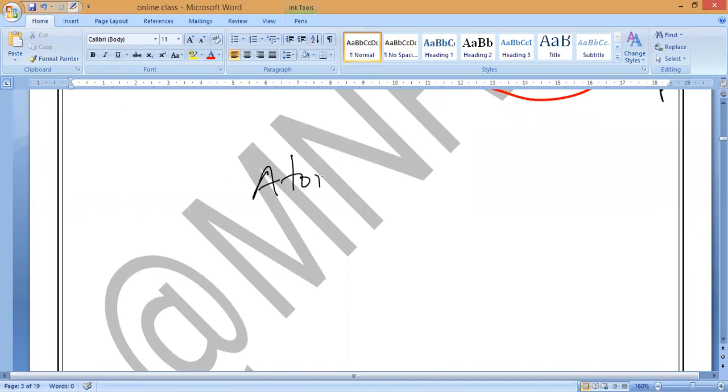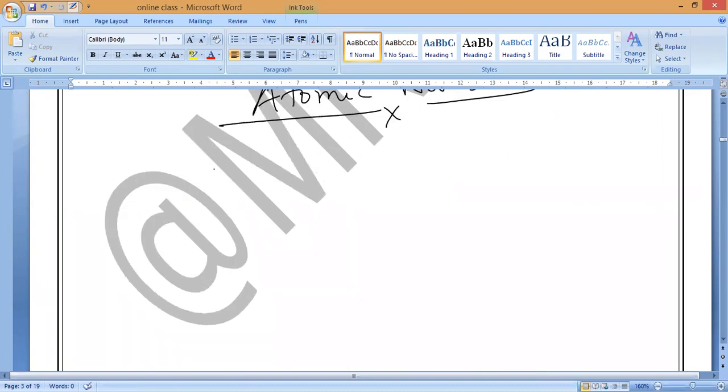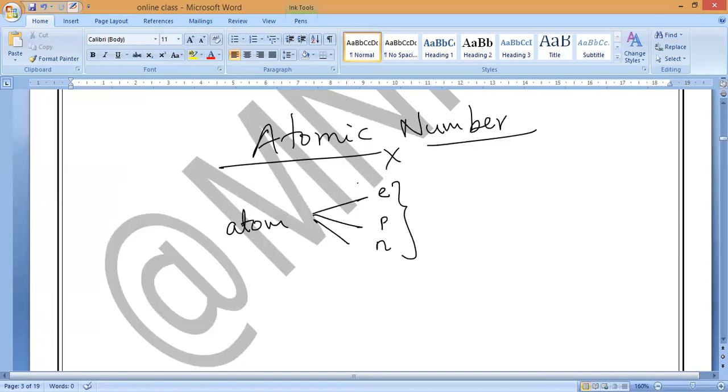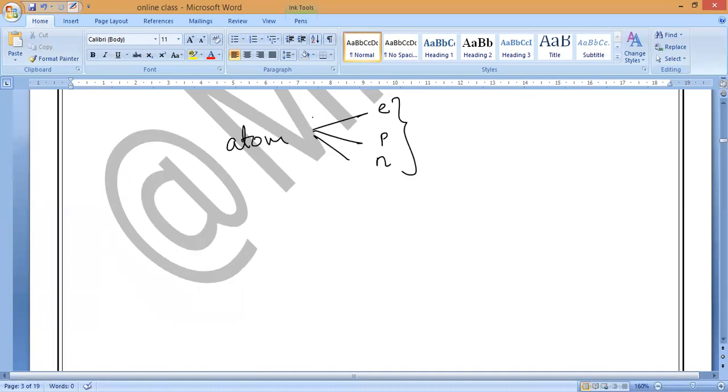So as we know, atomic number means, remember, don't get confused. We already studied this in the last chapter also. As we know, every atom contains 3 subatomic particles. What are they, guys? Electrons, protons, and neutrons. Atomic number means, remember, only the number of protons present in an atom, not an ion.